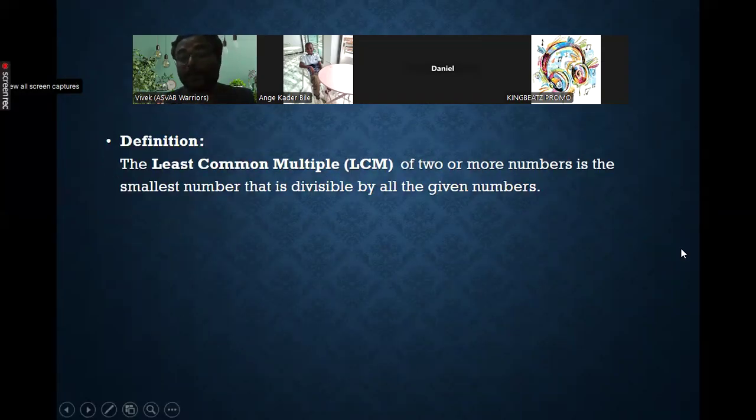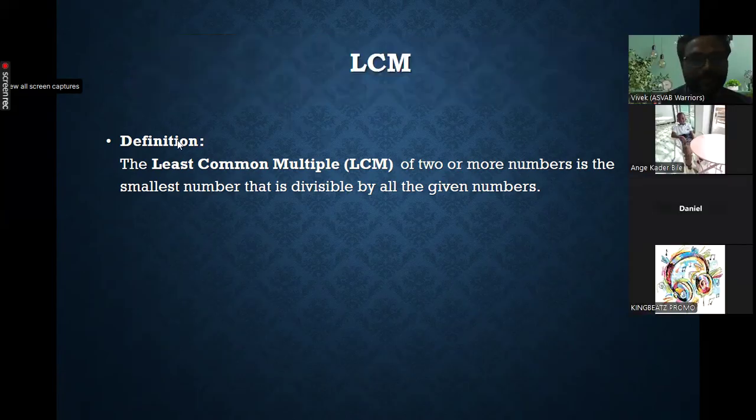Now, we are going to learn how to find the least common multiple. There is just one step that we need to do more than for the greatest common factor.